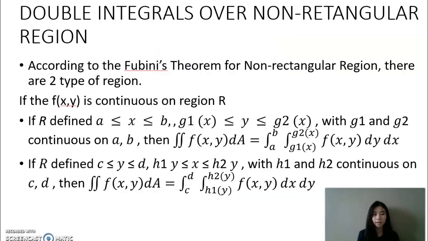First, for double integrals over non-rectangular region, according to Fubini's theorem for non-rectangular region, there are two types of region, which is type 1 region and type 2 region.